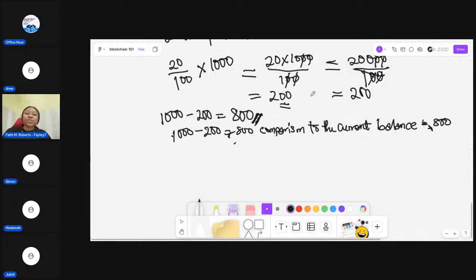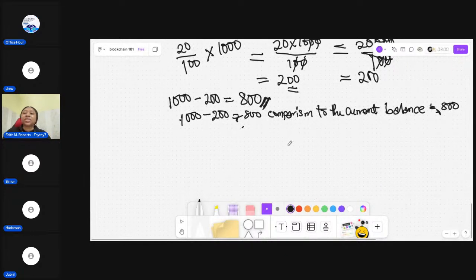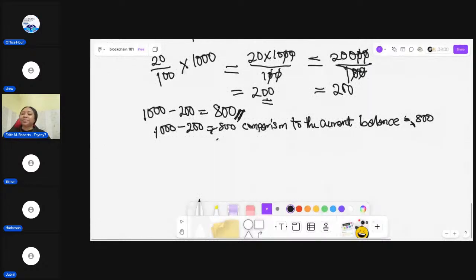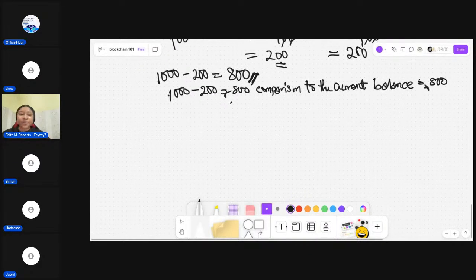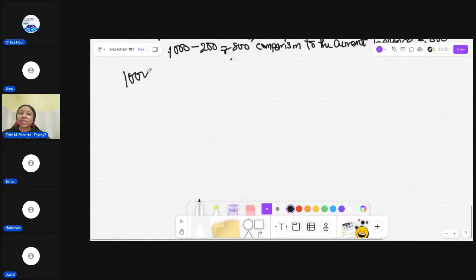Now, there's something I need to make clear to you. When you are talking about total supply, total supply in the context of tokenomics or tokens does not reduce unless there is a burn. So let's say we have 1,000 tokens in total supply, and this is the official wallet address that held it.